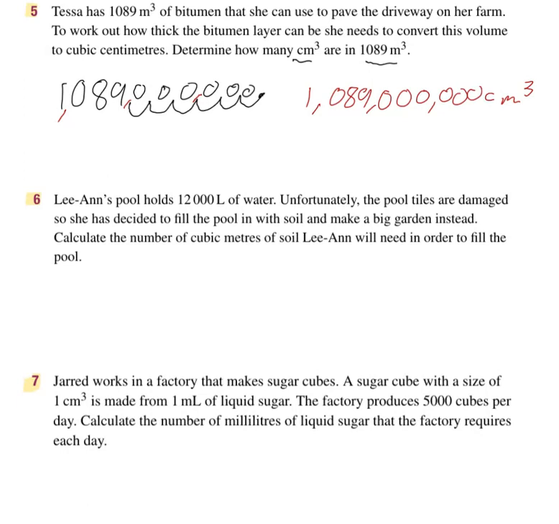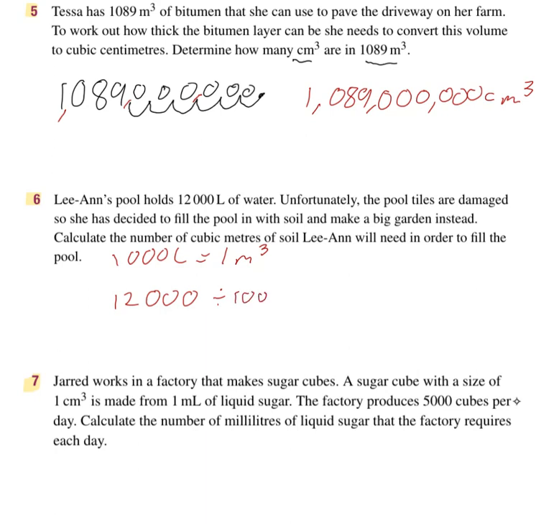The pool: you need to convert litres to cubic metres for this one, and 1,000 litres equals 1 cubic metre. So that means that to go from litres to metres cubed, I've got to divide by 1,000.